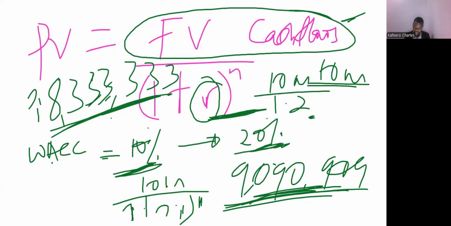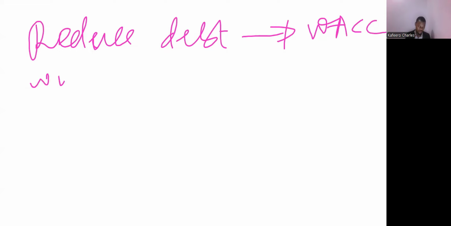Now, if you try to reduce your debt in the capital structure, automatically the WACC will go down. And once the WACC decreases, what is the resultant figure?